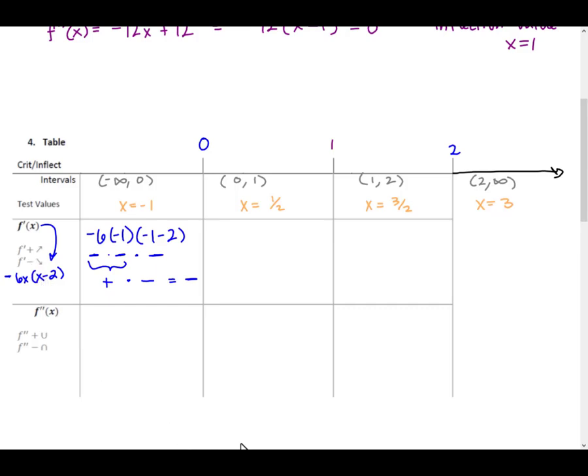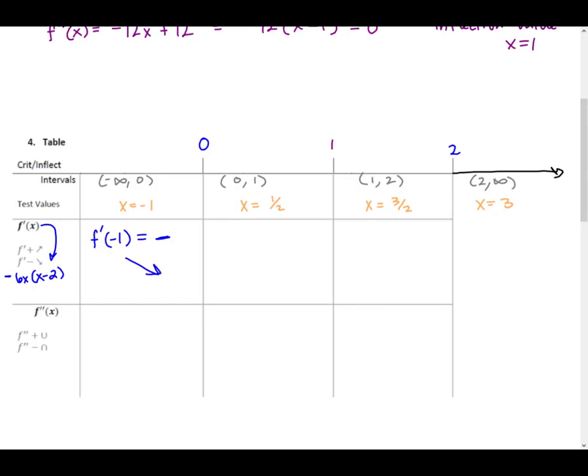And that's the easiest way to deal with this without a calculator. So I'm going to erase that so I have more space. And I'm going to say that f prime of negative 1 equals a negative value. And what that negative value implies is that we are decreasing on that interval.